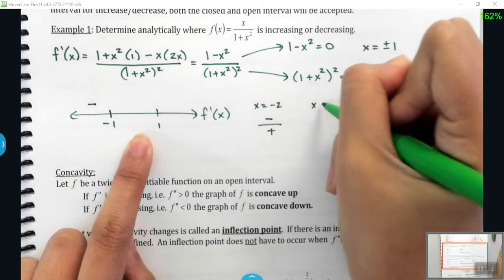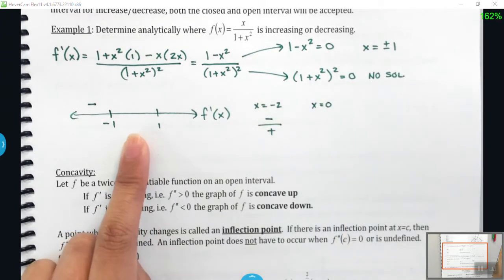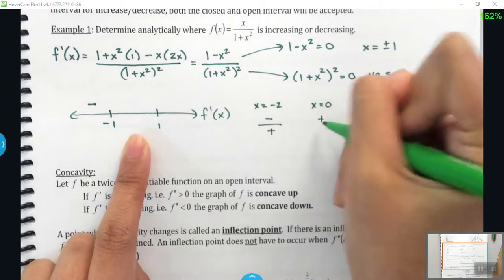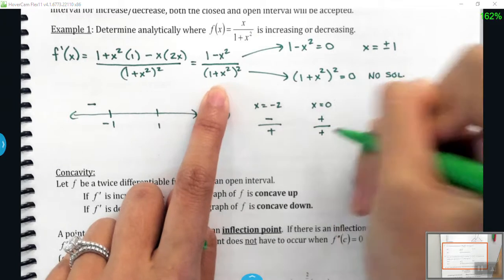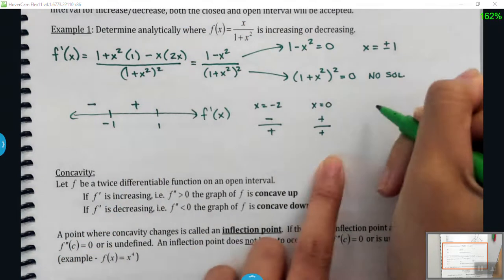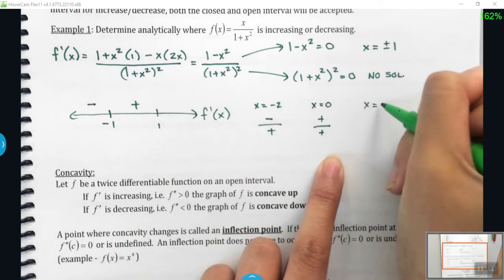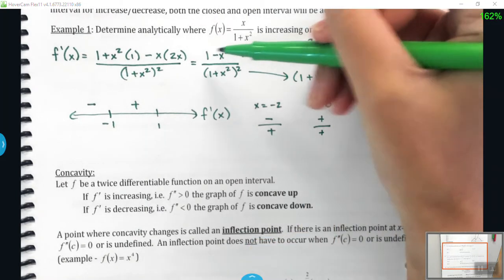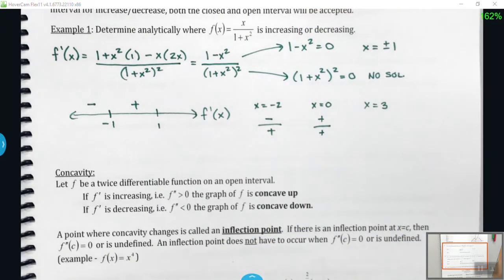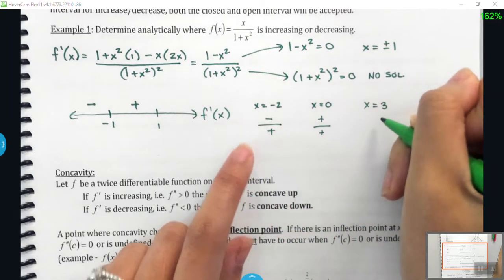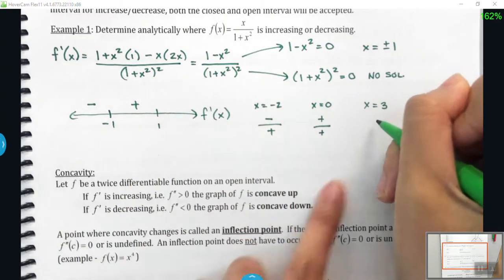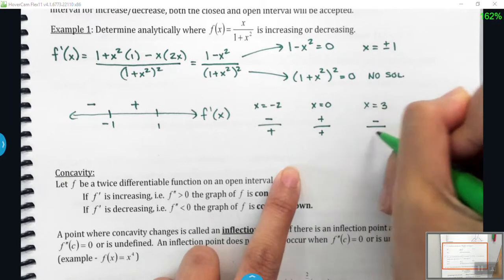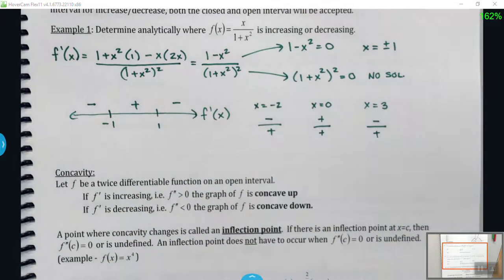Let's choose 0 in between here. So that's positive on the top, and it's always positive on the bottom. So this is positive. And then x equals 2. 1 minus 4 is negative, and the bottom is still positive. So this is negative. Okay?